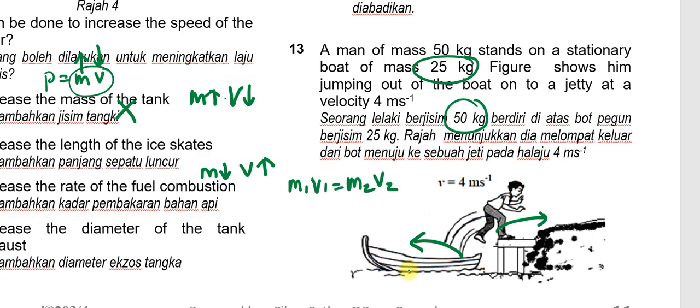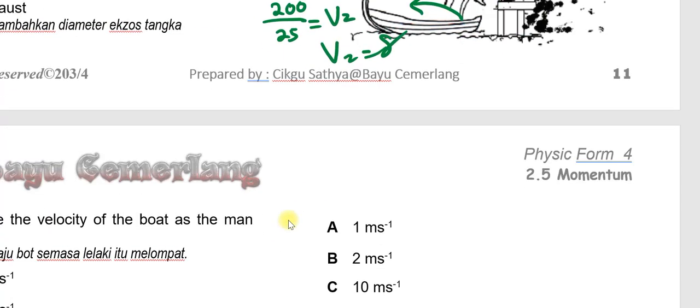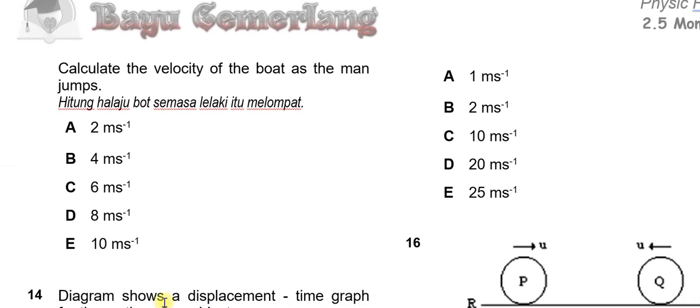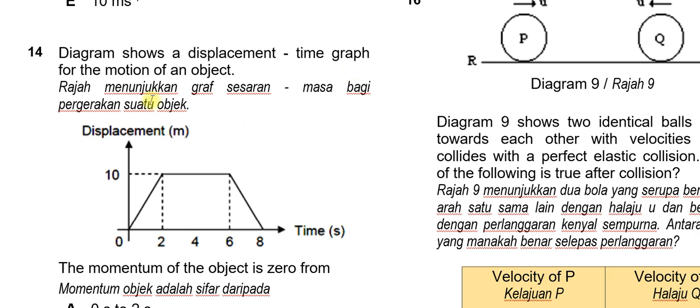That is basically the shortcut formula for any explosion. So kita ambil boy dia dulu. Kita ambil boy tu positif. 50 velocity dia 4 equal to 25 velocity dia berapa? So 200 divided by 25 is equal to V2. So V2 should be 8 lah. Jadi jawapan dia D.